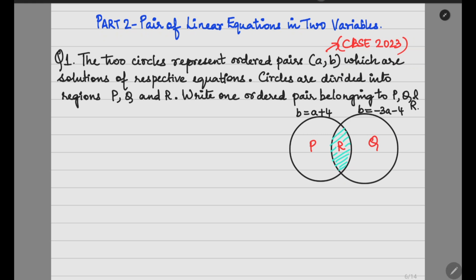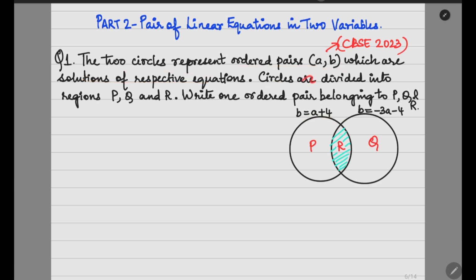Let's see a question. In today's entire video, we will be solving problems of trying to figure out the solutions graphically, using graphical means. The question is: the two circles represent ordered pairs (a, b), which are solutions of respective equations.